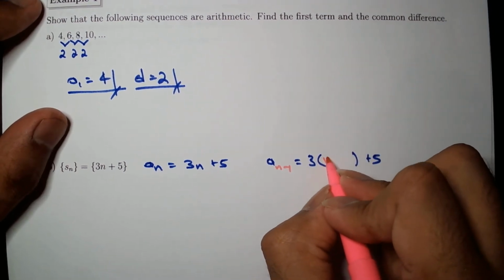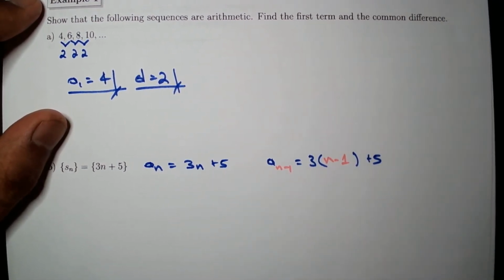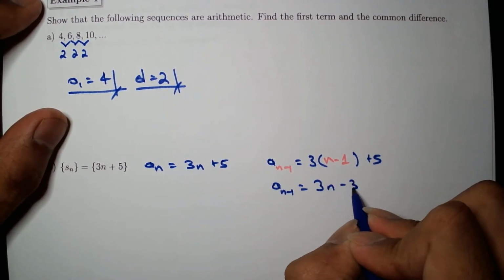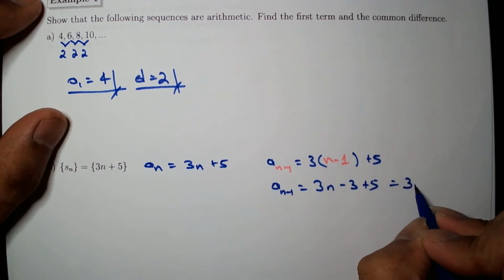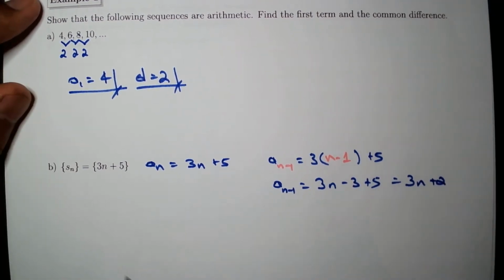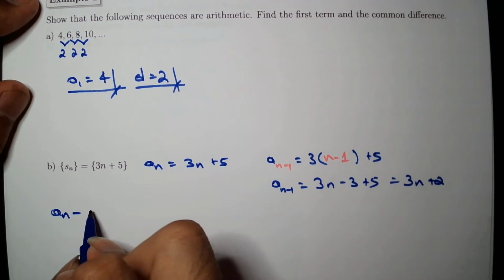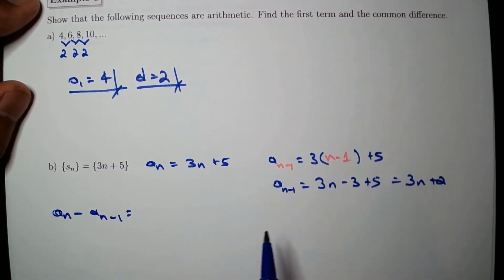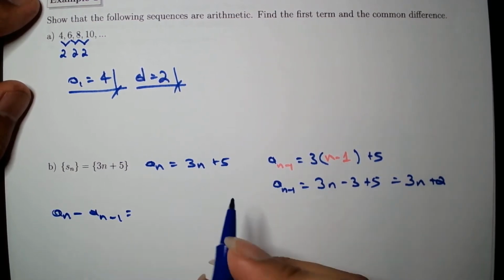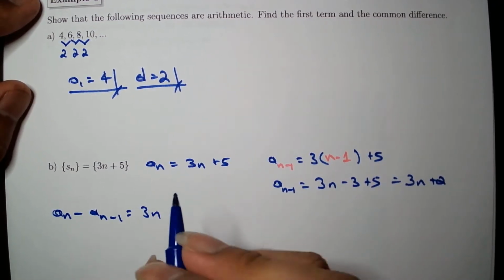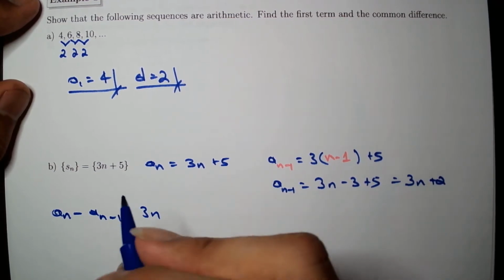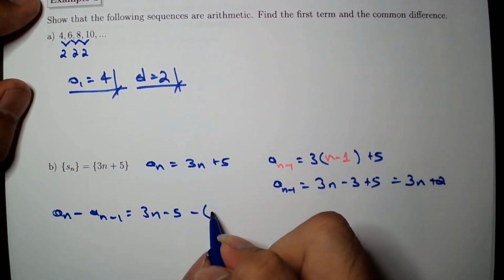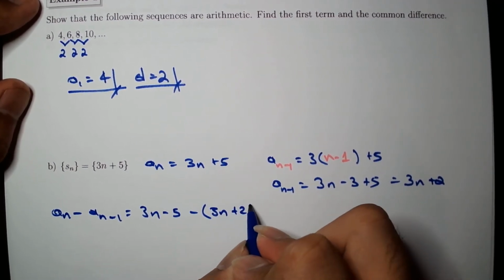If we keep simplifying, a sub n minus 1 is 3n minus 3 plus 5, which equals 3n plus 2. So we want to evaluate a sub n minus a sub n minus 1. That's 3n plus 5 minus the quantity 3n plus 2.